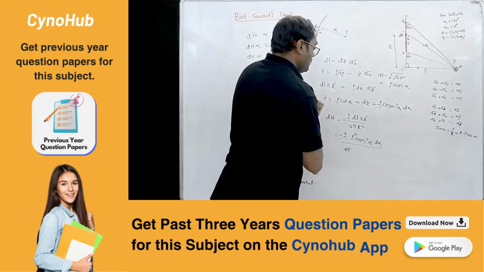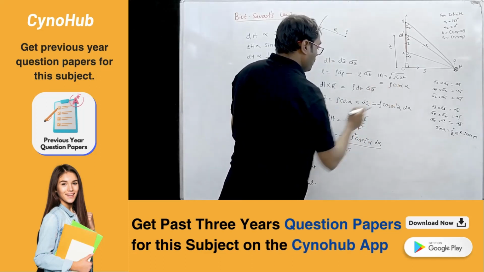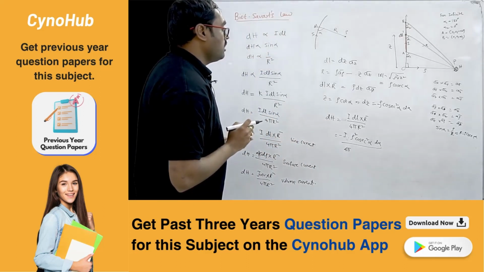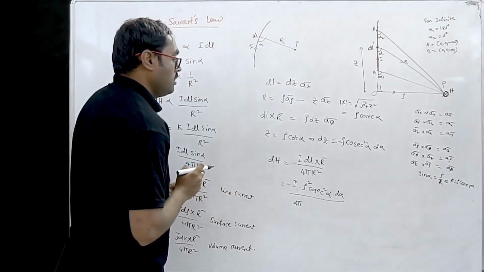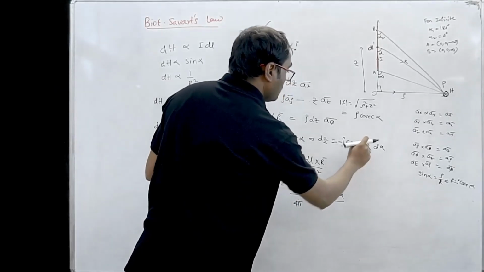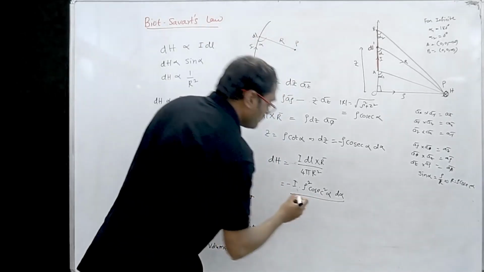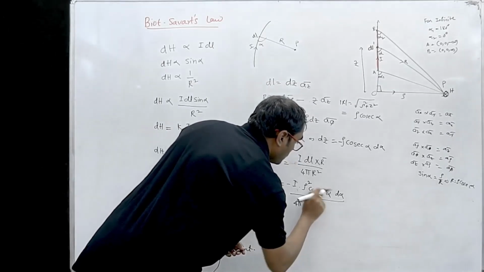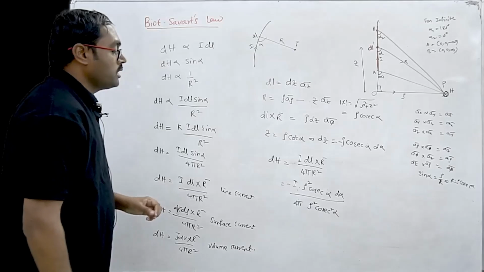The r square value is rho square cosecant square alpha.